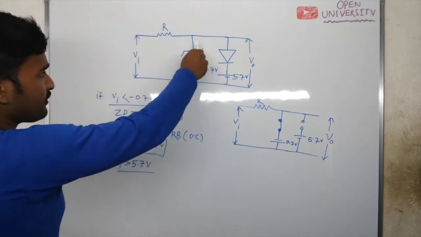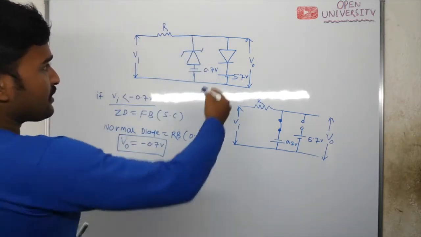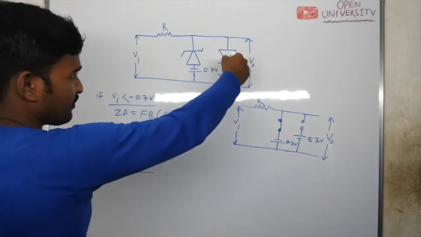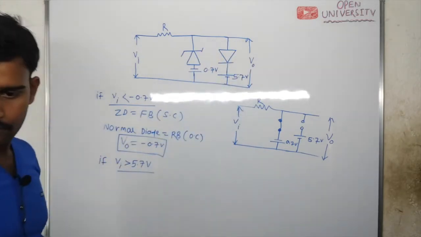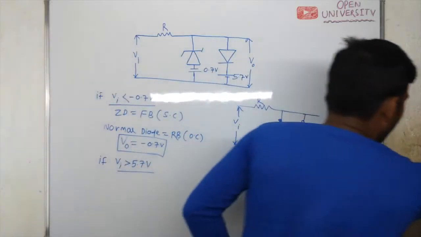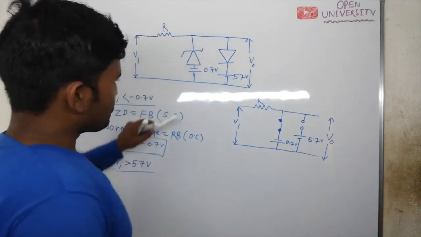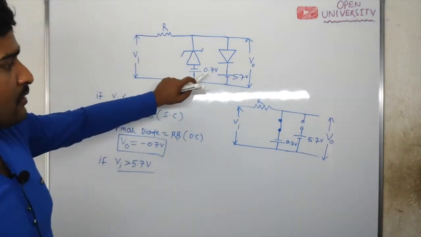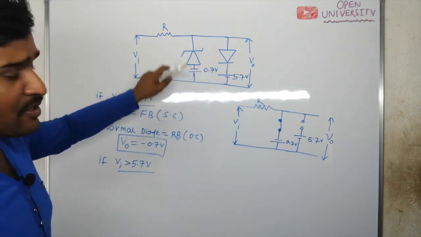But what about this zener diode? If you short circuit this normal diode, then what is the voltage available across the zener diode? 5.7 volt. See, we consider the cut-in voltage of the zener diode when it is forward biased.